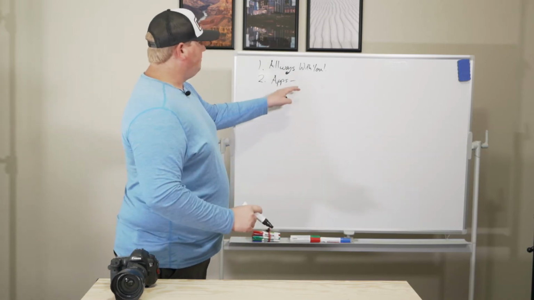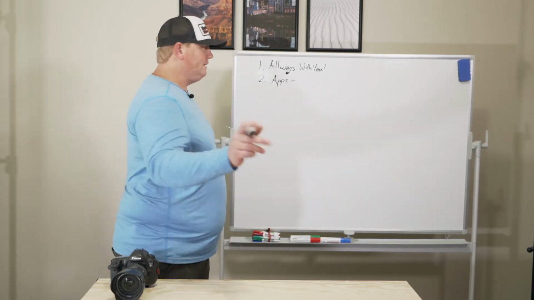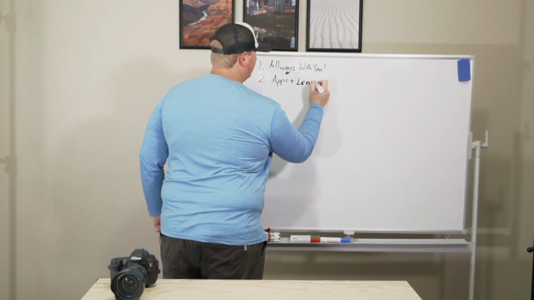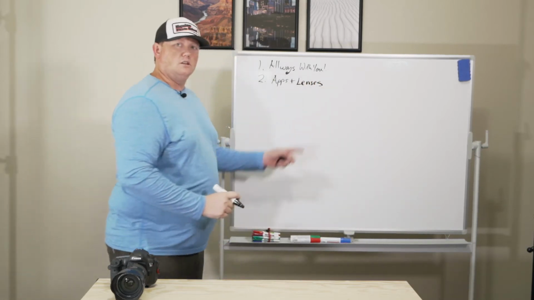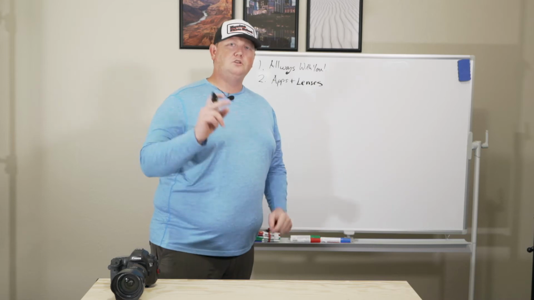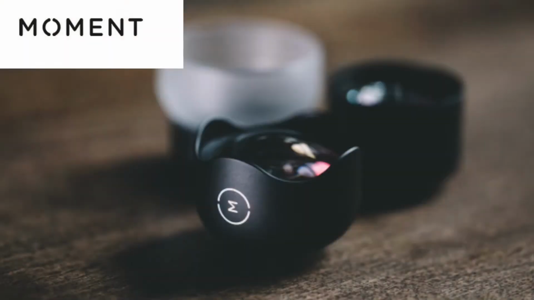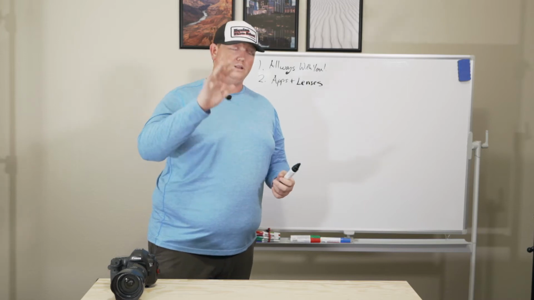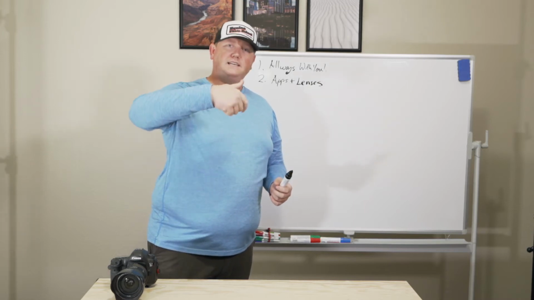One thing you might not know is not only do you get apps, but you also get lenses. Now, there's a lot of clip-on, kind of cheapy lenses, but I absolutely am a huge fan of Moment lenses. They are really high-quality lenses, and what I love most about them is they actually clip in.